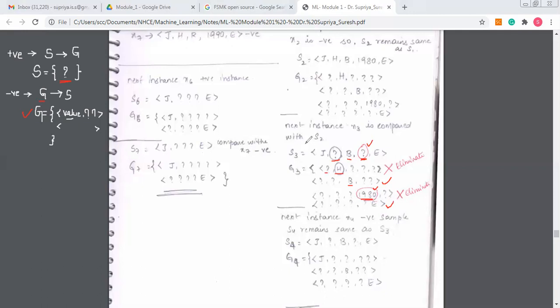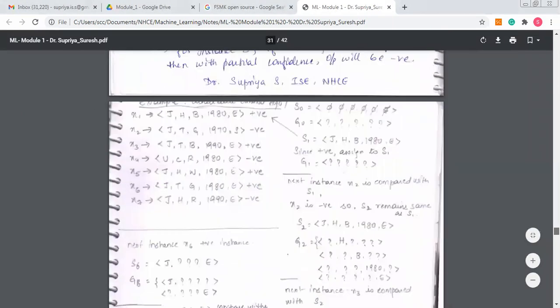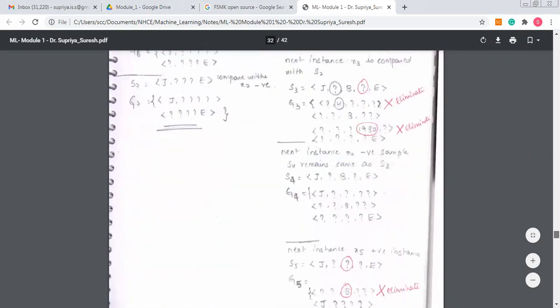And next, when I continue with the next negative instance, I will have my S3 and G3 with me. So it is UCR 1980 and E. Let me consider that value here.